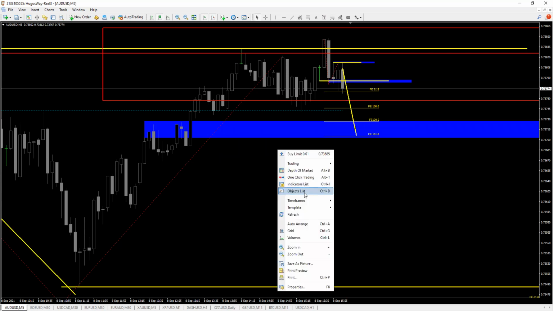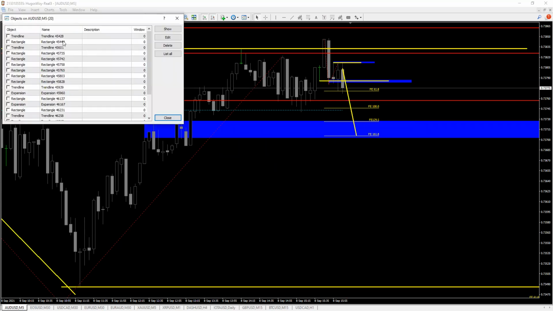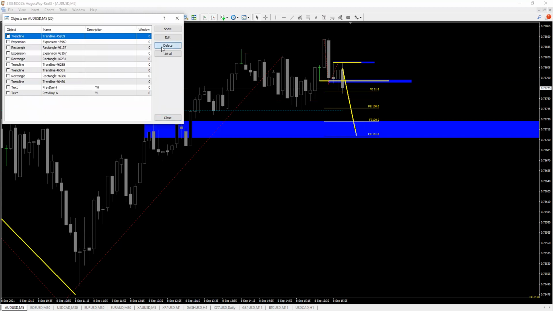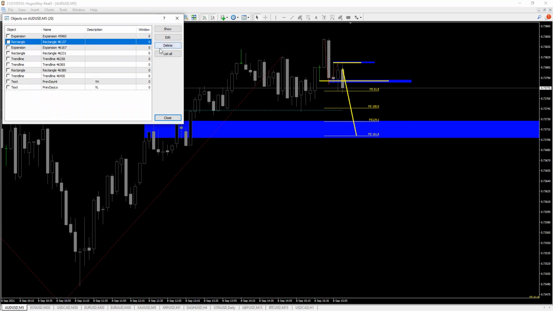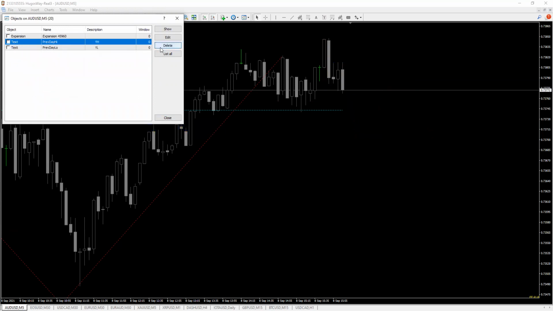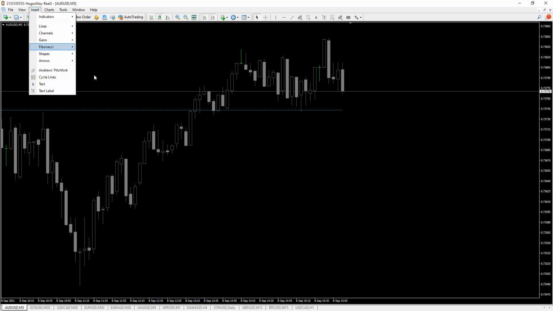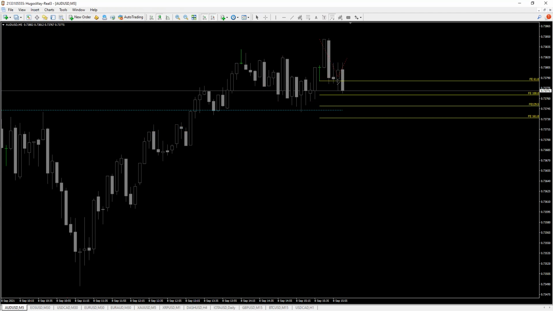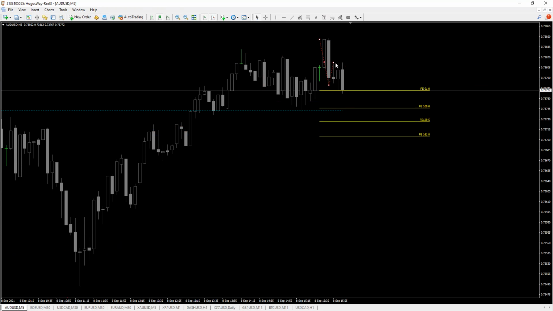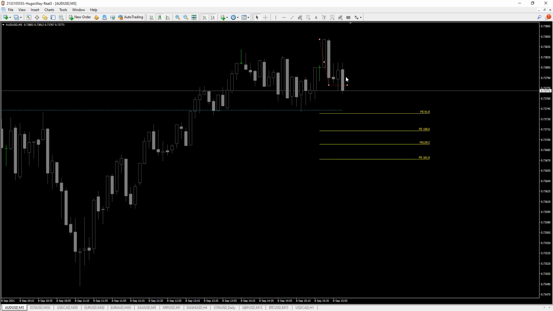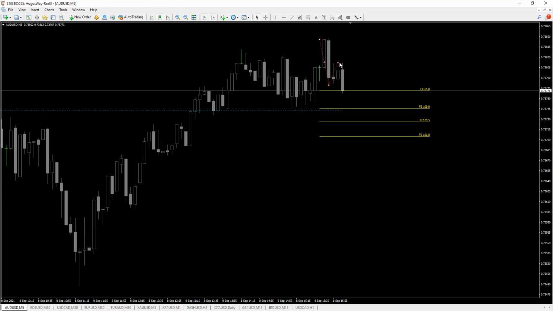Let me go ahead and get some of this stuff off of here, so we can just see our target. All right, so now we can see our target.